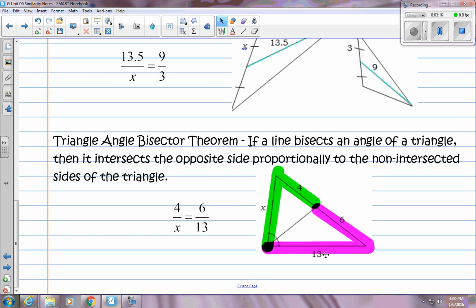So basically, this and this are proportional to this and this. So really, you're kind of just making a fraction out of one side of your triangle and setting it equal to the fraction of your other side of your triangle. So we have 4 over x equals 6 over 13. And that's the triangle angle bisector theorem.